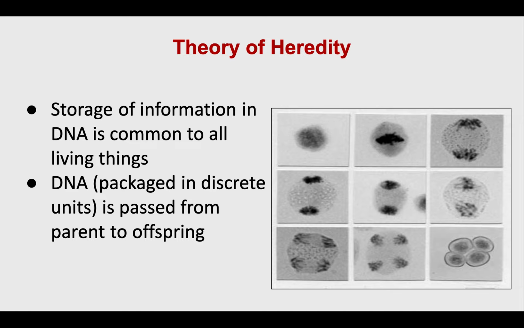Plants have DNA, we have DNA, frogs have DNA. And DNA is packaged in discrete units and is passed along to the offspring. We now know that those discrete units are chromosomes. We're passing along the genetic information via chromosomes.